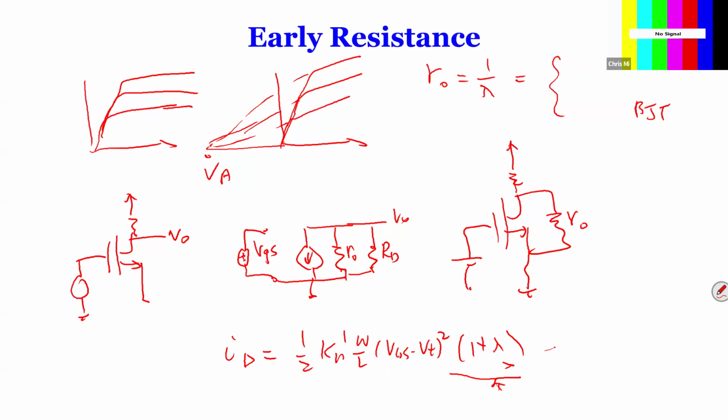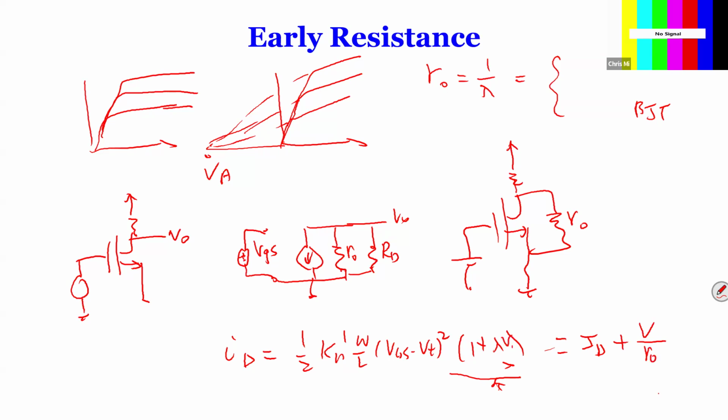We have not just this current, but actually another term. So we converted that into another term: ID times 1, plus another one, 1 plus lambda times VDS.